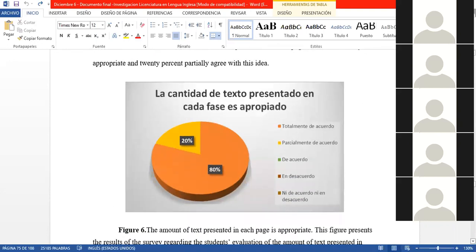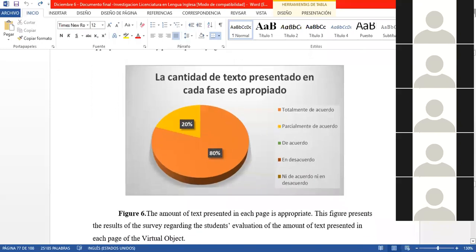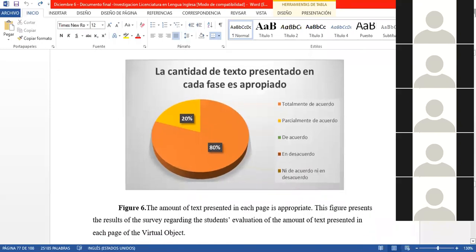Here we have another one; it says the amount of information presented in each stage was appropriate. So 80% of students agreed with that. And there are other pie charts that help to support the findings and the categories that I already showed you.